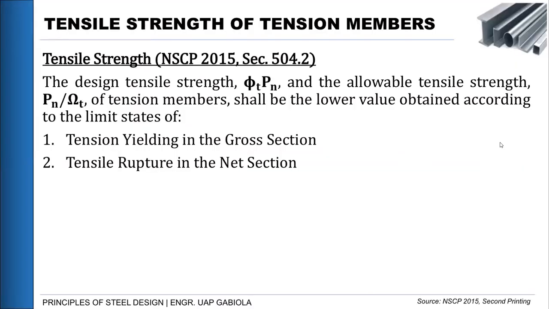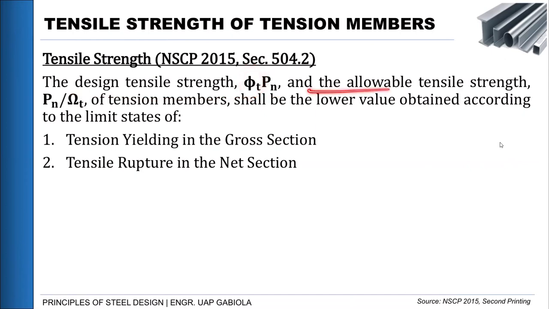since ang goal of our subject is to get yung capacity ng section natin, the code specifies limit state kung paano natin kakalculate yung mga capacity ng section natin. So according to NSCP 2015 section 504.2, ito daw yung tensile strength o the tensile capacity ng member natin. So sa design tensile strength, okay, pag sinabing design tensile strength, as you can see may phi dito, so that is LRFD.